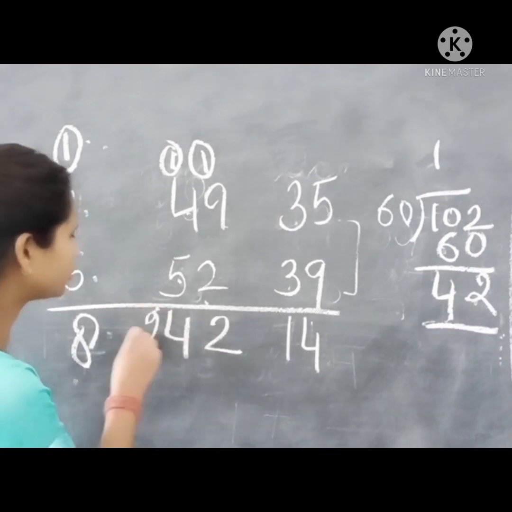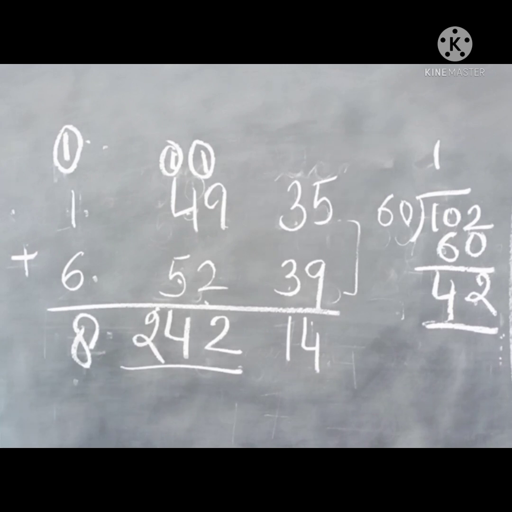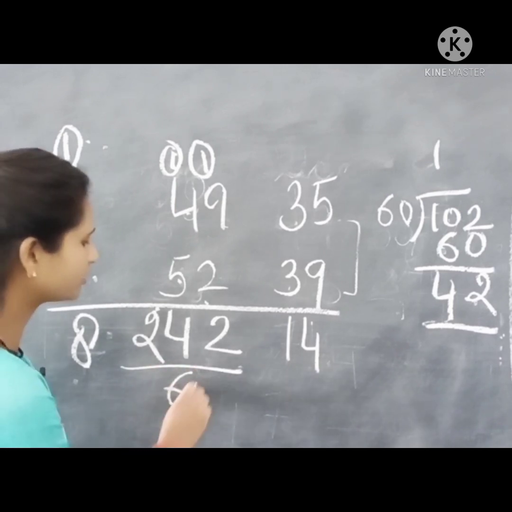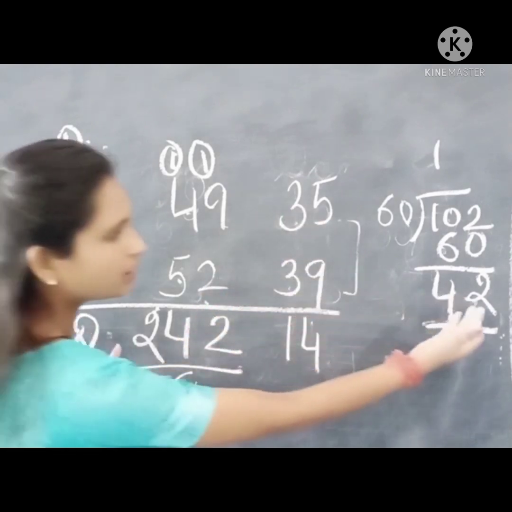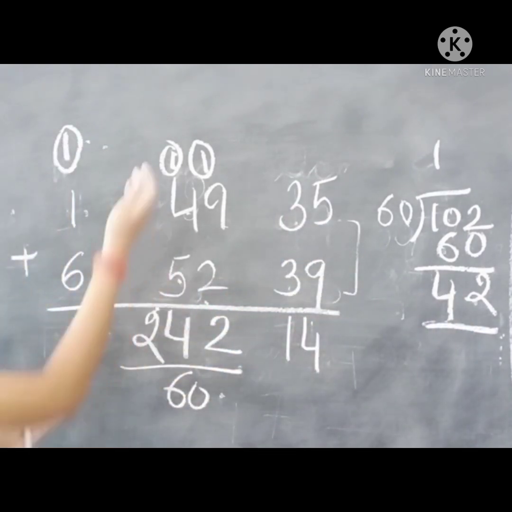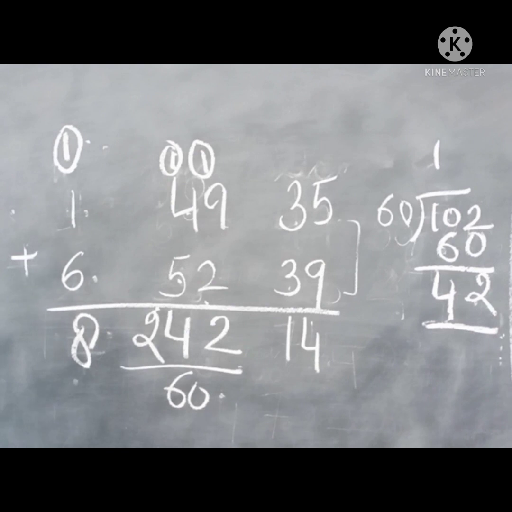If it is 242, write the whole 242 here as it is and then divide it with 60. Then the remainder will come here and the quotient will go as carry. Then you have to move to the hours column and add these three numbers, and here you have the answer: 8 hours 42 minutes and 14 seconds.